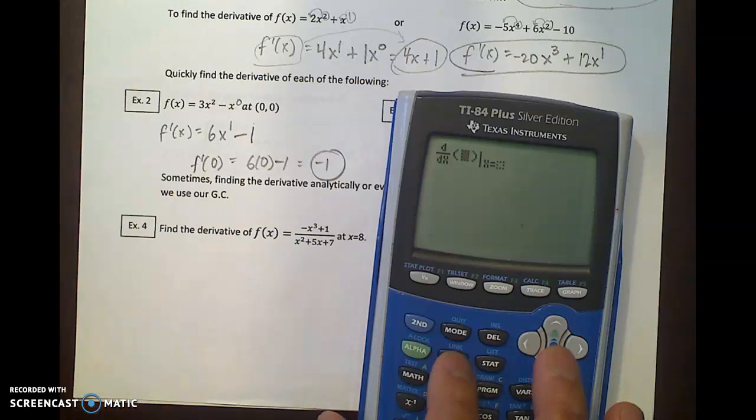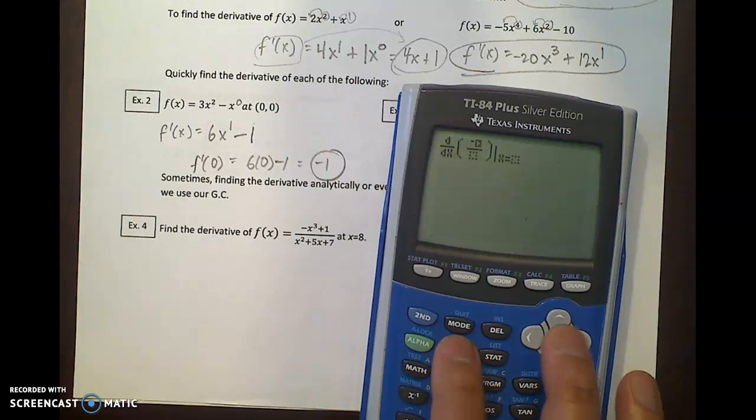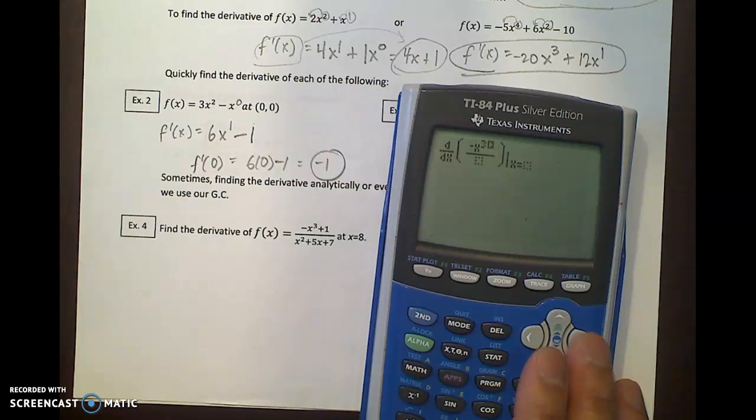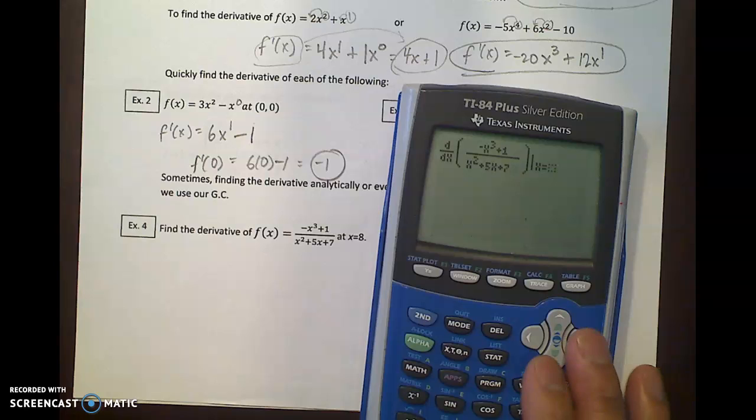Since it's a rational expression, we have to use fractions here. So negative x cubed plus 1 over x squared plus 5x plus 7.